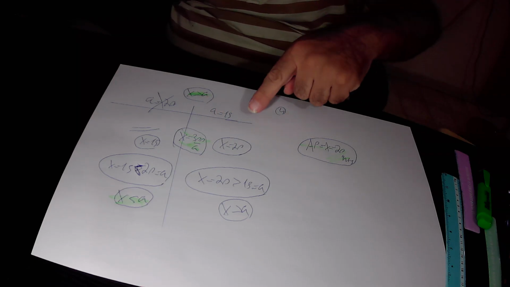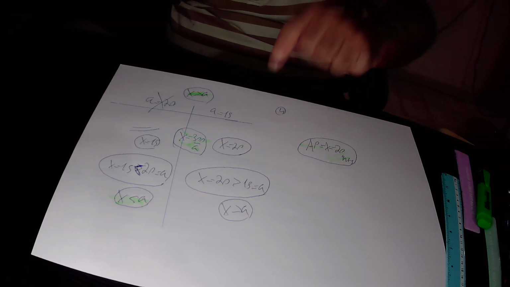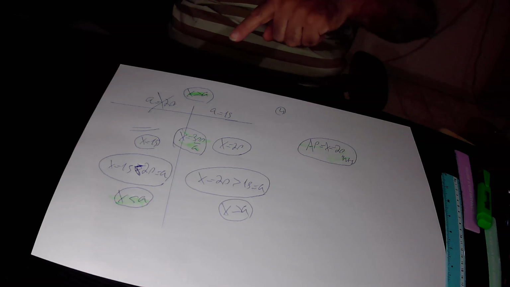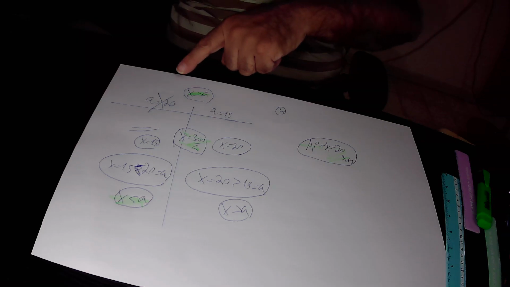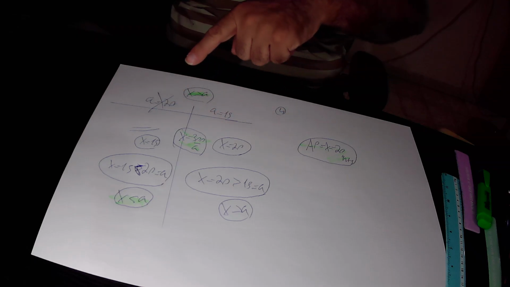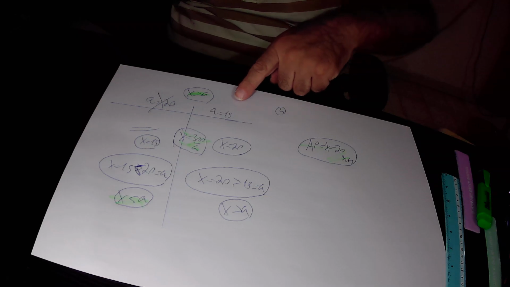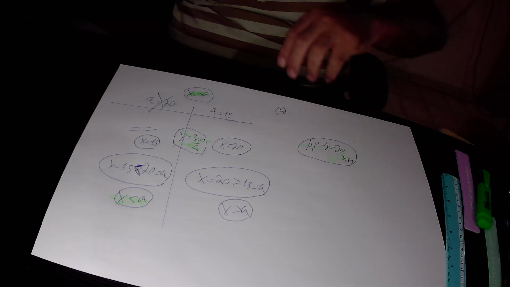Likewise, if A equals 20, then X equals 300 over 20, that is 15.